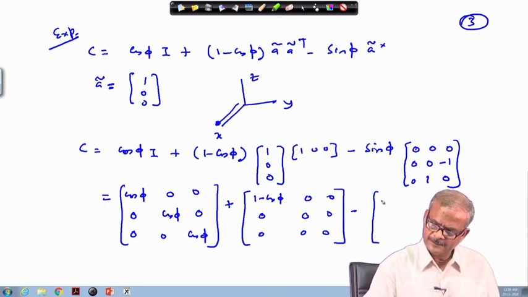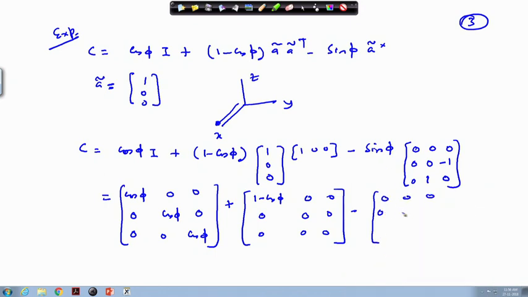And in the same way here, 0 0 minus sin phi and 0 sin phi 0. So, if you add all of them, this will yield cos phi plus 1 minus cos phi, and then this term is 0.